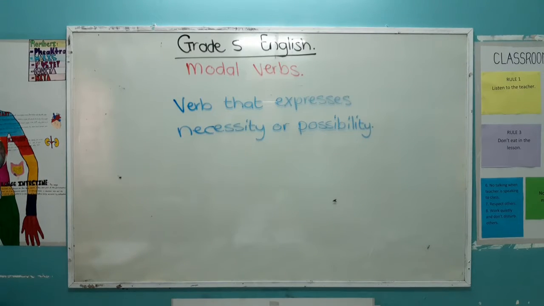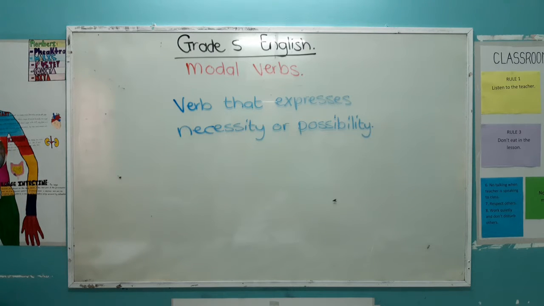Okay, for the next session, we are going to study a little grammar. I know grammar is not your best or your most favorite subject, but we need to study it today. Okay. Today we are going to look at modal verbs. What is a modal verb? It's a verb that expresses necessity or possibility, okay?